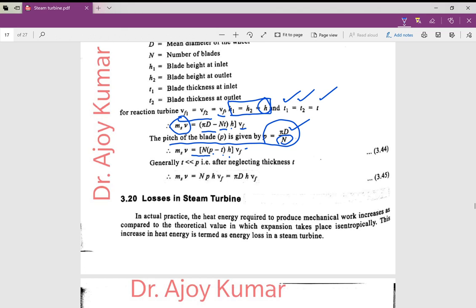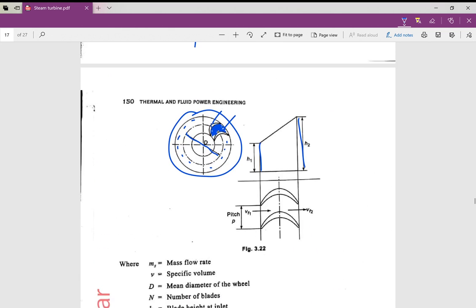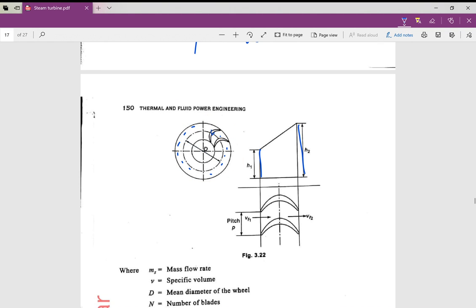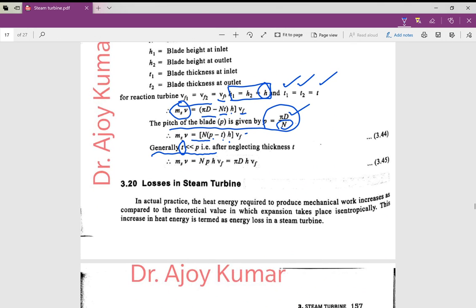You have seen already that the thickness of the blade is very small compared to the perimeter. So we can neglect this thickness in comparison with P, and the equation reduces to n p h Vf. With t neglected, this becomes pi d h Vf for a single blade.